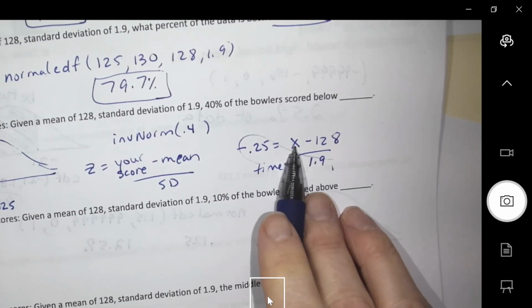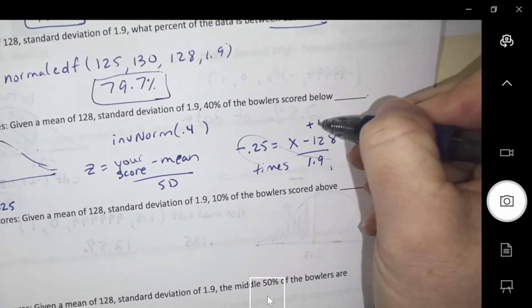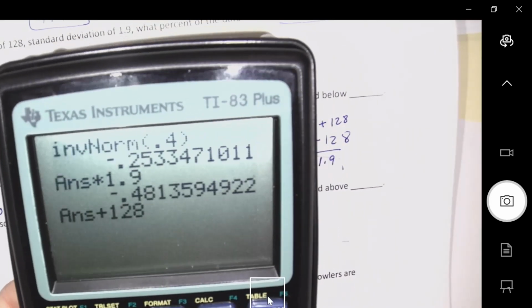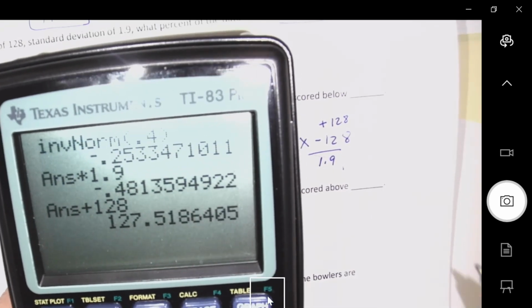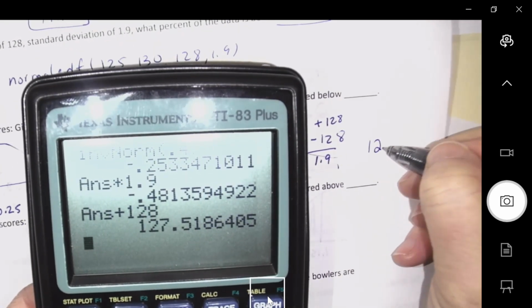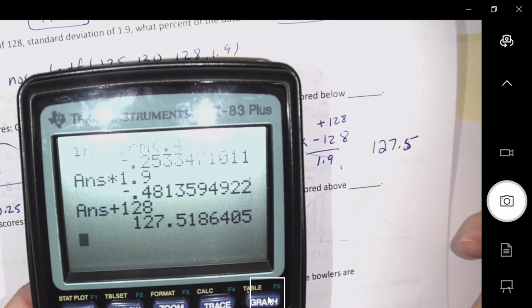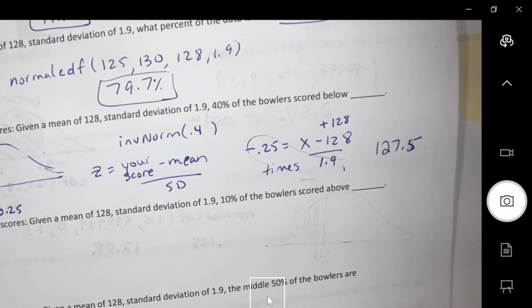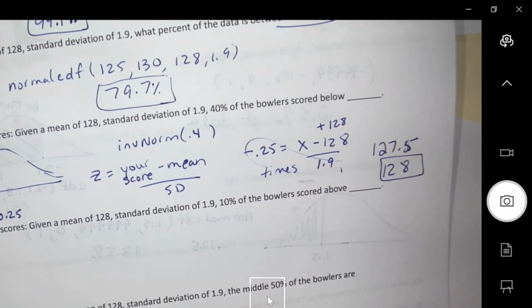I need to get x alone. So now I would need to add 128. My bowling score is 127.5, but I guess if this is a bowling score, we'll have to probably say 128, right? Because you can't bowl with half points.